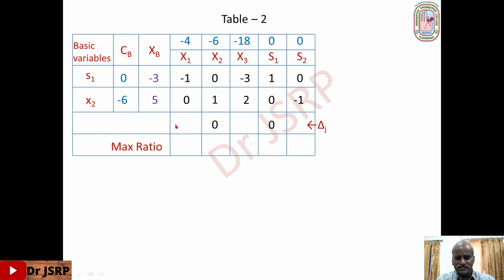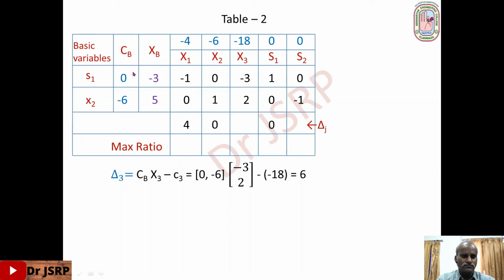Right. Now calculate delta J values. Here delta 1, CB, X1, that is 0 into minus 1, 0, minus 6 into 0, 0, minus 1, minus 4, plus 4. Next, delta 3, CB into X3, this column into this column, that is 0 into minus 3, 0, minus 6 into 2, minus 12, minus of minus 18, plus 18, minus 12 plus 18, 6.